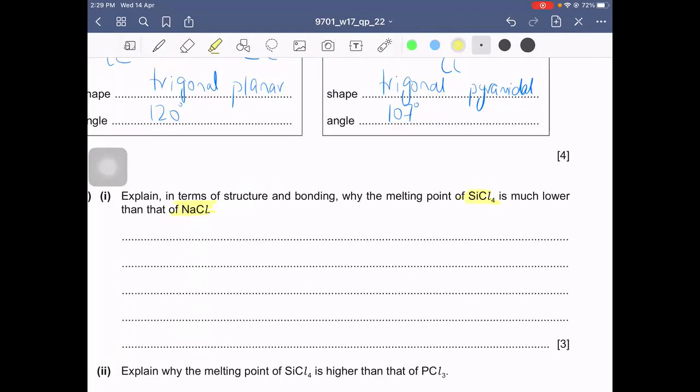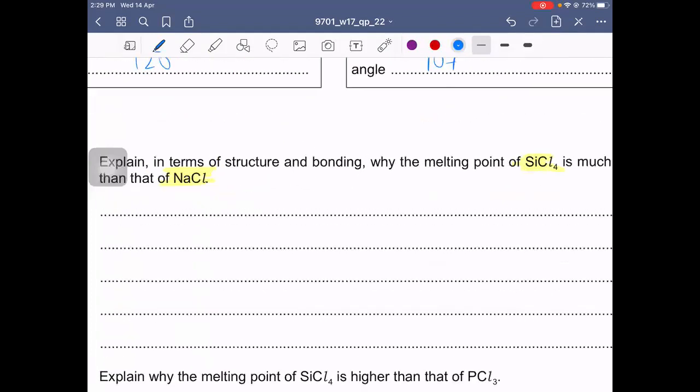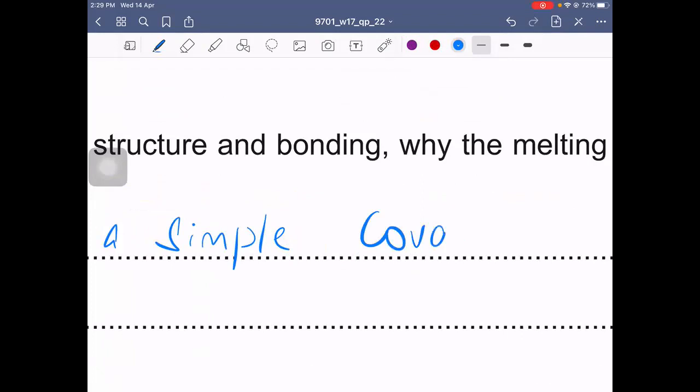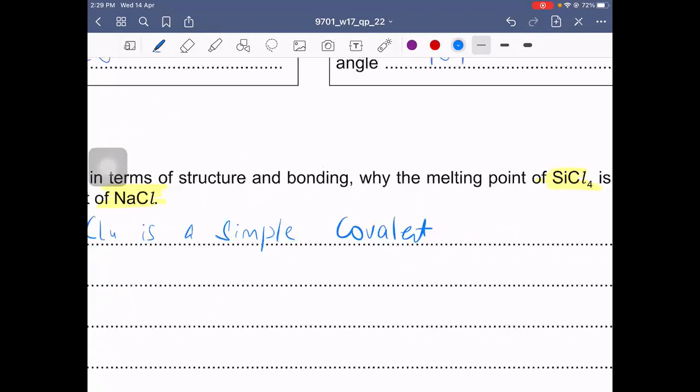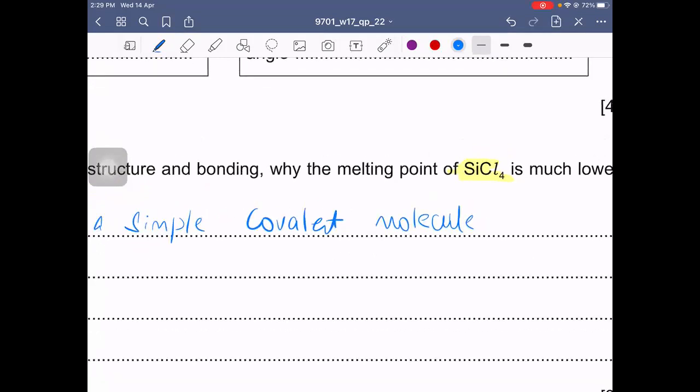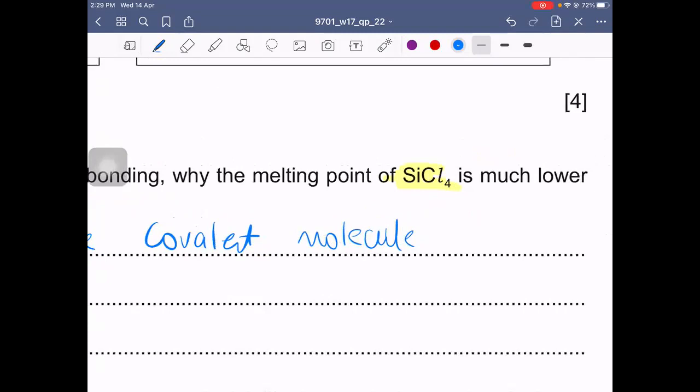SiCl4 is a simple covalent molecule with weak van der Waals forces of attraction.